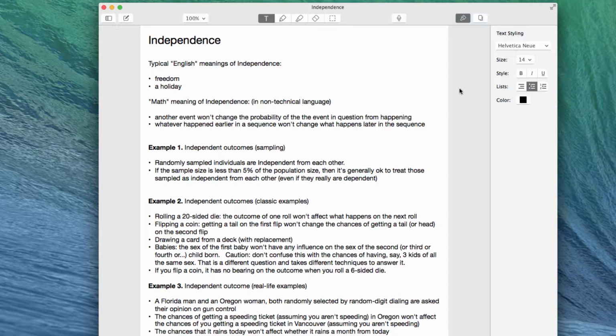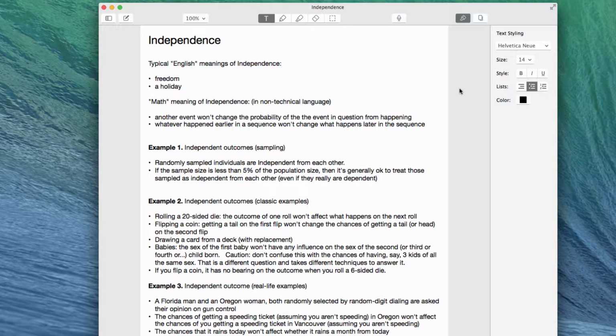So here's an example from sampling. If you're randomly selecting individuals, then we get to assume that they are independent of one another. That's the idea of being random: one outcome is going to be totally independent of the other outcome. So if you're picking people or selecting houses from a county map, they're not going to be dependent on each other.